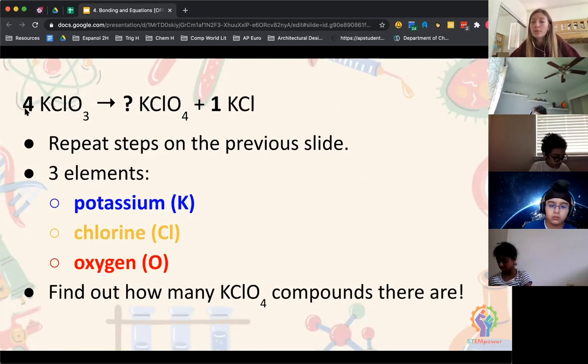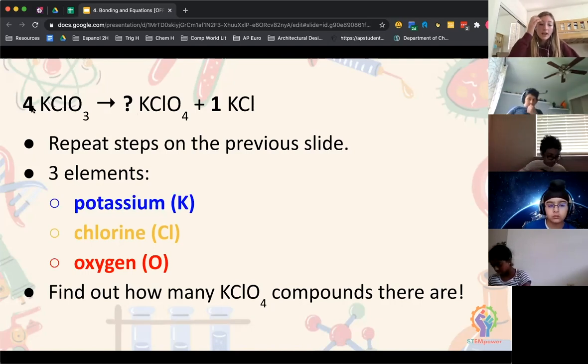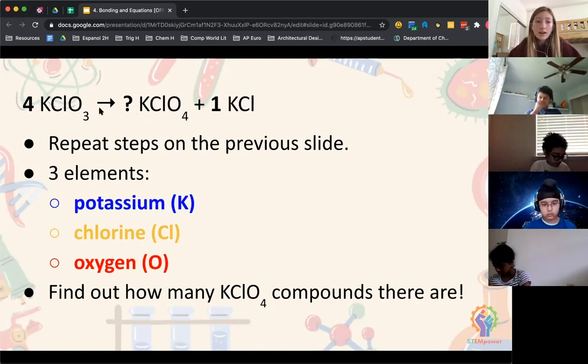Right, because the 4 means that there's a total of 4, so they're each multiplied by 4. And so then once we count that out, we will cut out 4 potassiums, 4 chlorines, and 12 oxygens, and then we will rearrange them to see, using what's left over, how many of this compound there are, though I'm not sure what it's called.